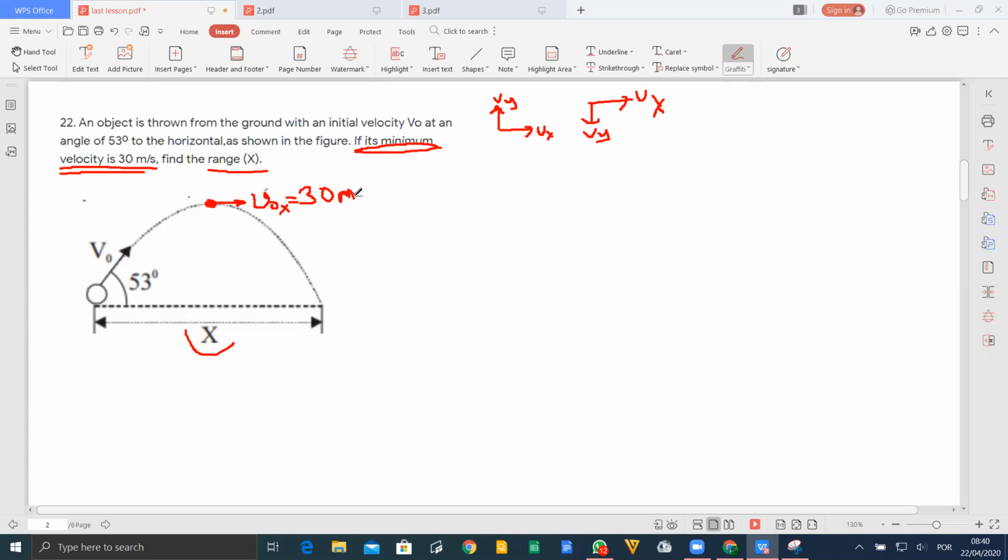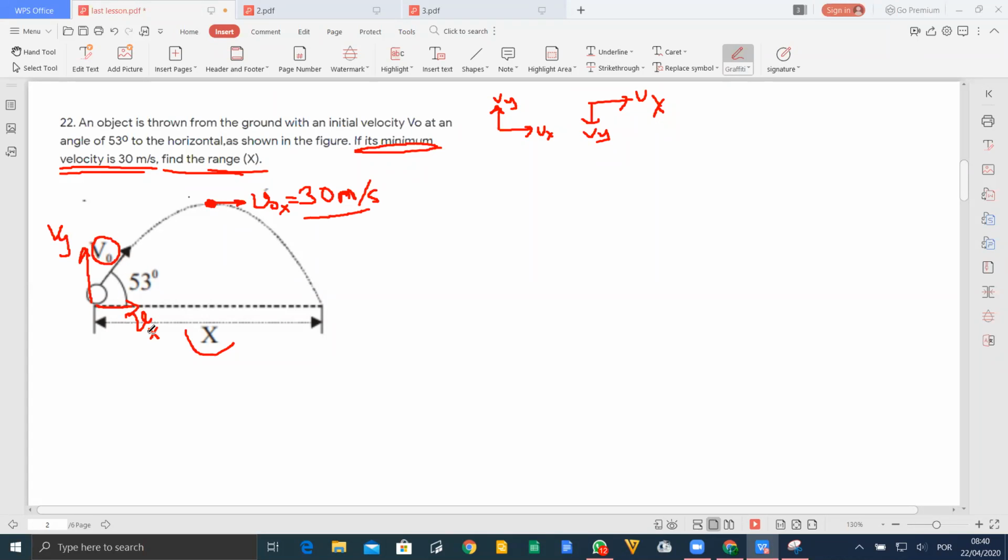If its minimum velocity is 30 meters per second, it means V0x is 30 meters per second. This is a trick question. Now we can find the x. How? First, we need to get Vy and Vx again. We already understood that Vx is equal to 30 meters per second because, as you know, it doesn't change. What about Vy? But first, we need to get V0 itself.